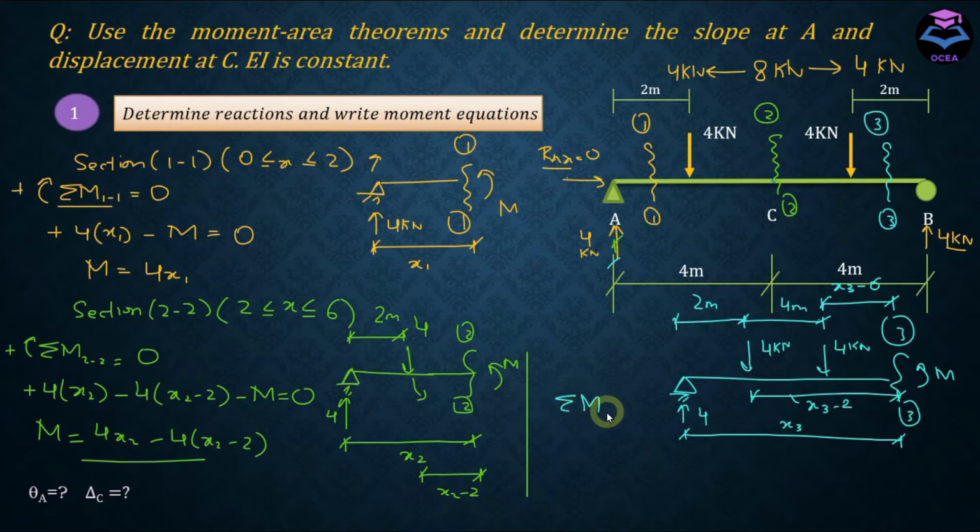Apply summation of moment at section 3, and take clockwise moment as positive. So this force is creating clockwise moment, this is going to be positive, and these 2 point loads are creating counterclockwise moment about this section, and this force has a moment arm of x3 minus 2.